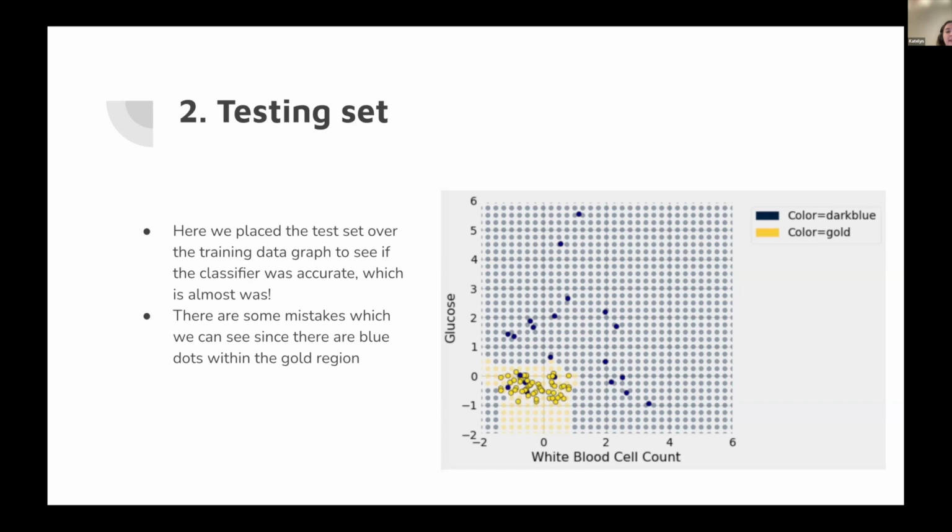So maybe there were some outliers that, when the entire data set was randomized, just got lost in the mix and stayed mainly with the testing set instead. But for the most part, it's pretty accurate, thankfully. Let me just show you what that looks like.